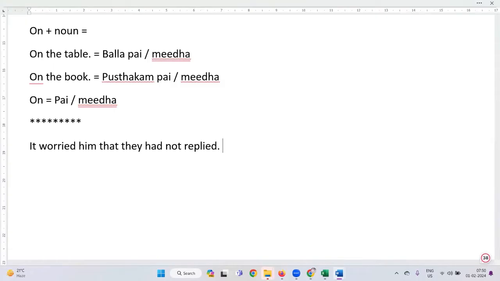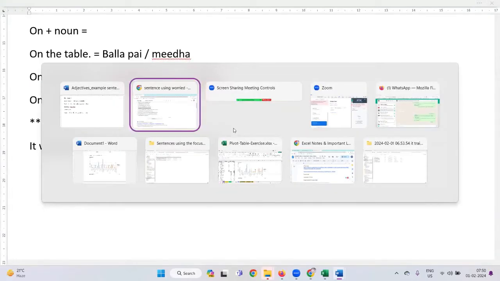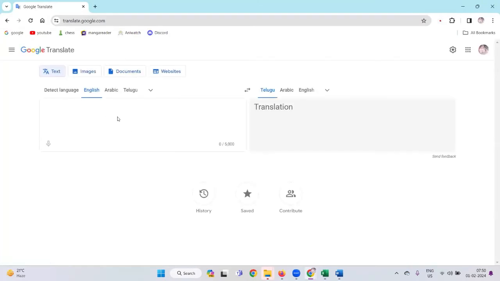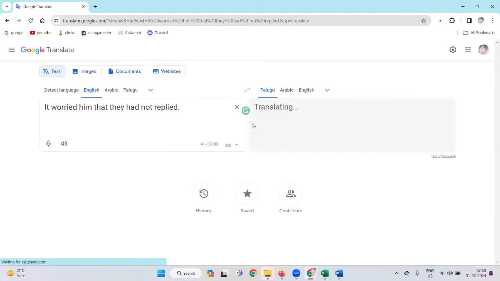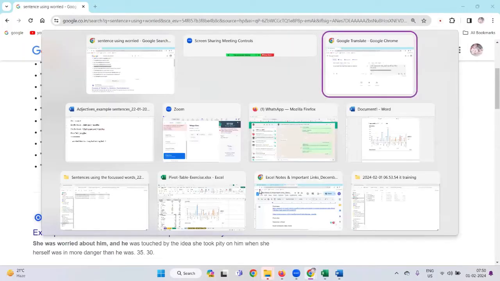Okay, let me get the translation, then I will give you the meanings and the explanation for each sentence, each phrase. So translate.google.com. Here, English. సో వారు సమాధానం చెప్పకపోవడంతో ఆందోళన చెందారు. This is the meaning of this.